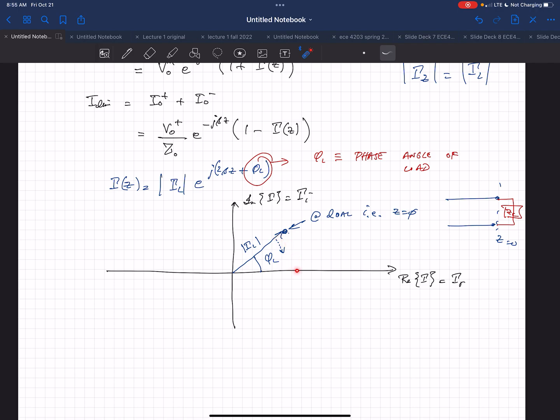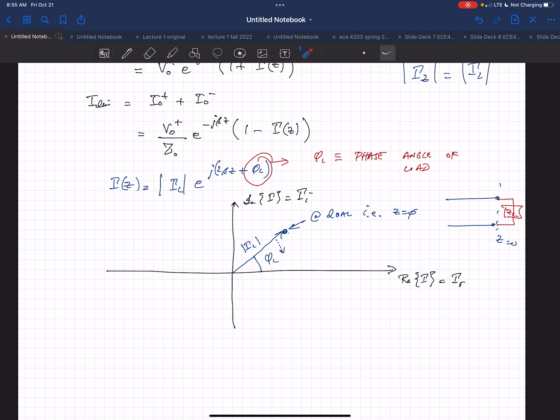At some point, I'm going to hit this line along the load, and I'm going to have a purely real reflection coefficient. And then it's going to go around and around. So this is what's going to lead to the Smith chart being this circular graph.